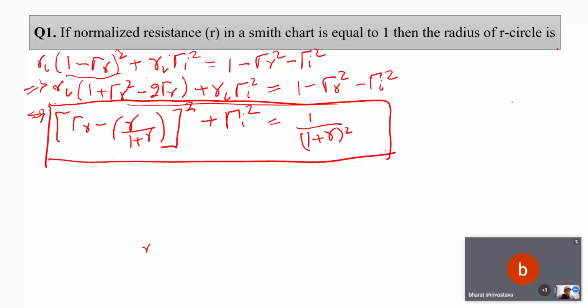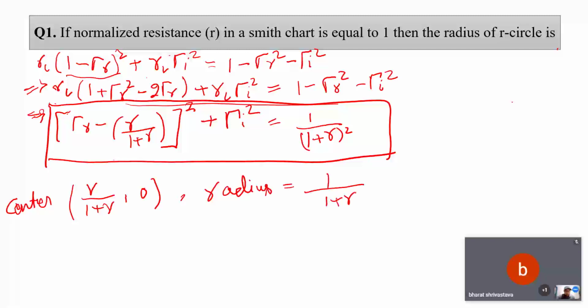From here you can see that the resistance circle is placed at the center R over 1 plus R comma 0, and the radius is 1 over 1 plus R. By using this we can easily solve this question.